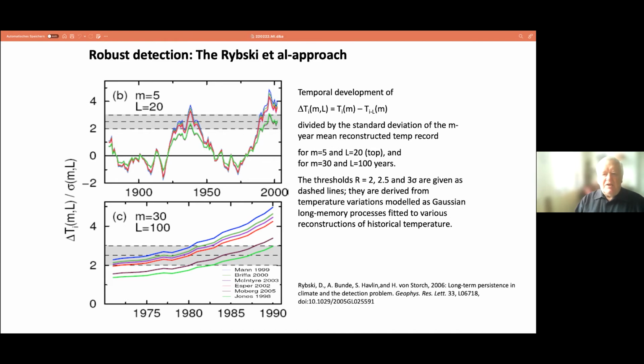In particular in the late years, we see that we are beyond even the 3 sigma level. So if we have just a 20-year time difference of 5-year means, this is less clear. But in case of a 100-year difference of 30-year means, we can say that there should be little doubt about the reality of non-internal processes beginning in, say, 1985 or so.